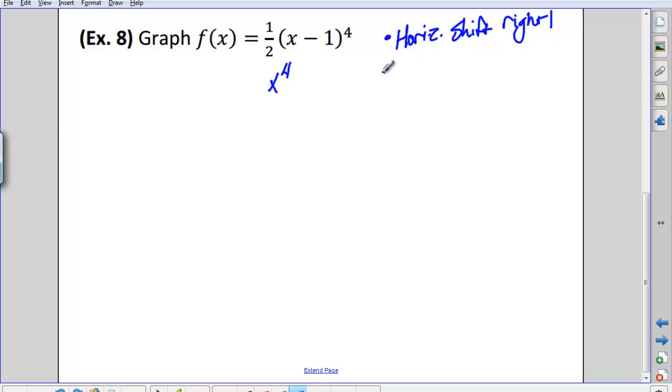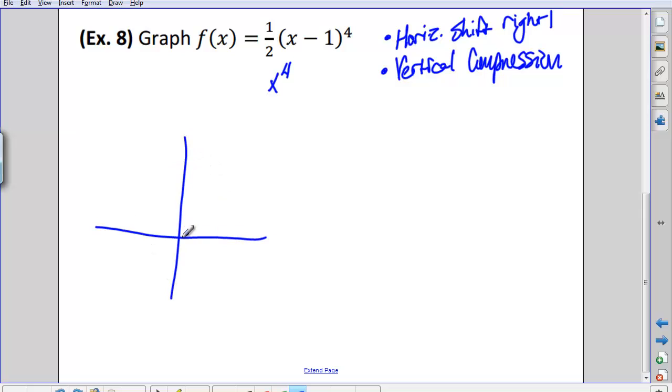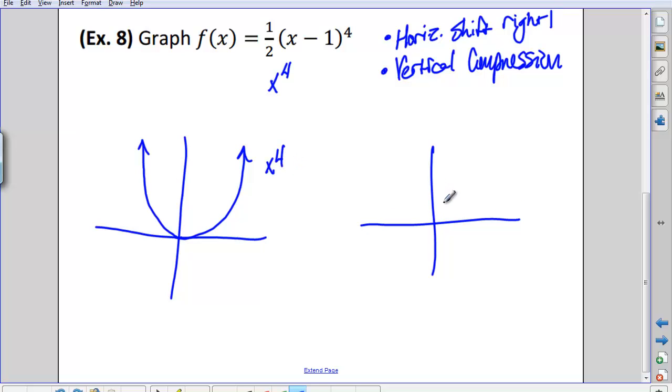And the 1/2 is going to be a vertical compression, right? And so we did have x to the 4th being like a U shape. This is x to the 4th. We're going to shift it to the right 1, and it's going to be flattened a little bit more.